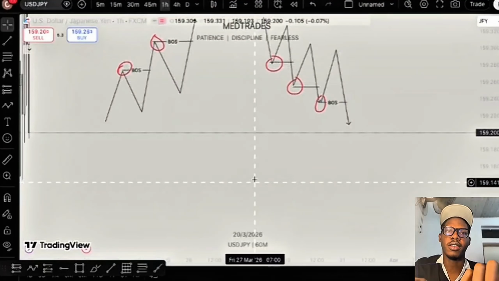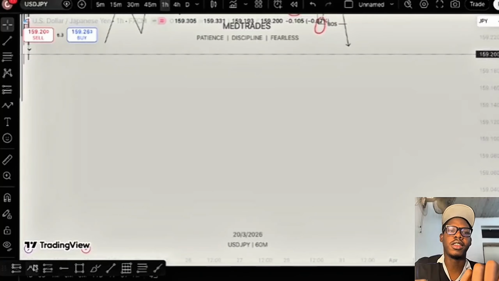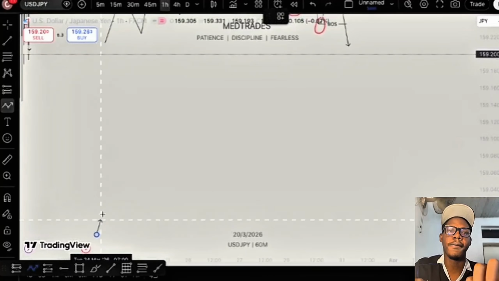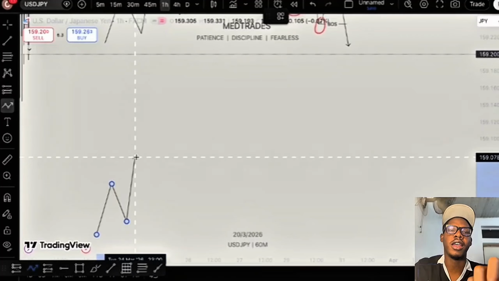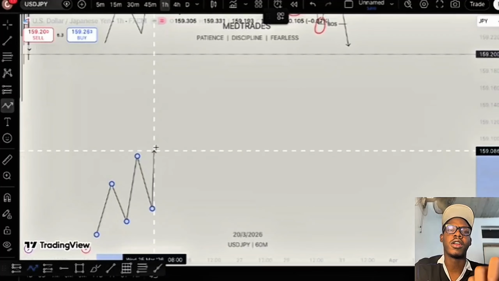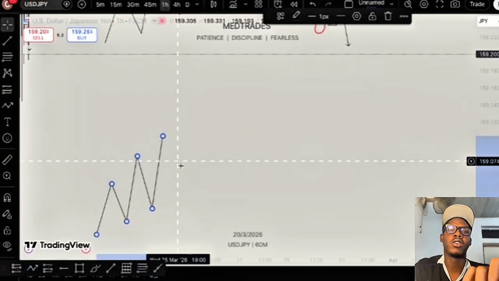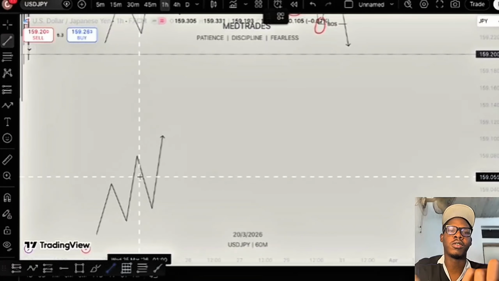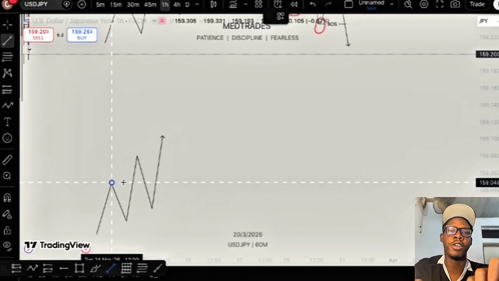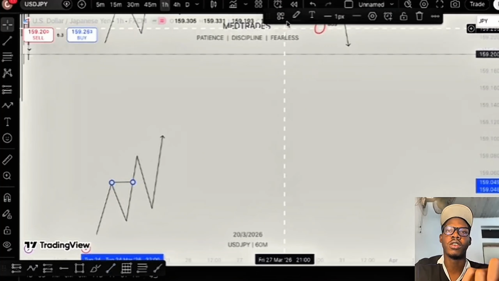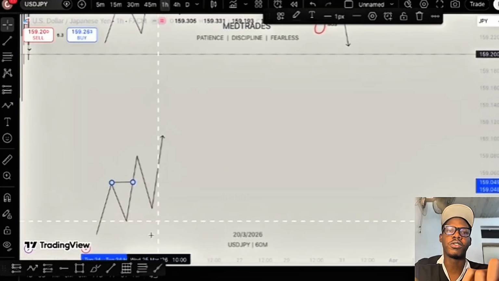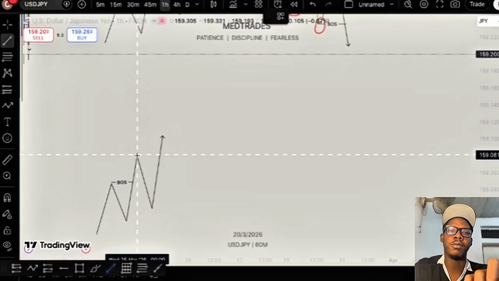Given this example, we are in an uptrend forming a higher high, higher low, higher high, higher low, another higher high, right? So we already know that this is an uptrend. We are denoting it by breaks of structure.